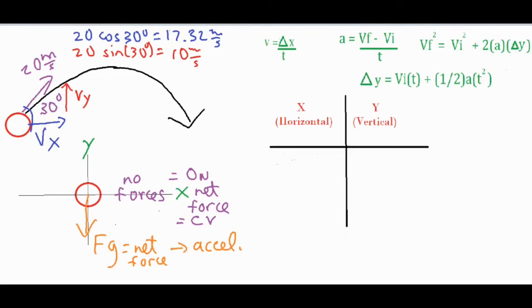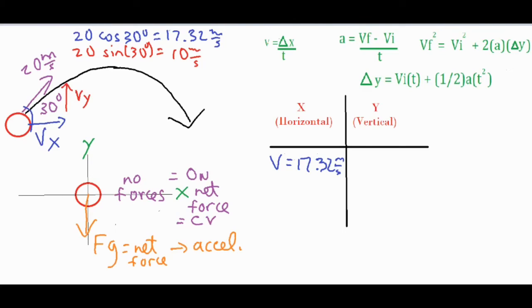So as the projectile is moving, it has 17.32 meters per second of velocity carrying it sideways, which means that for every second it's in the air, it's going to scoot over 17.32 meters horizontally. So if you give it more hang time, it will keep on sliding you over 17.32 meters for every second it's in the air.